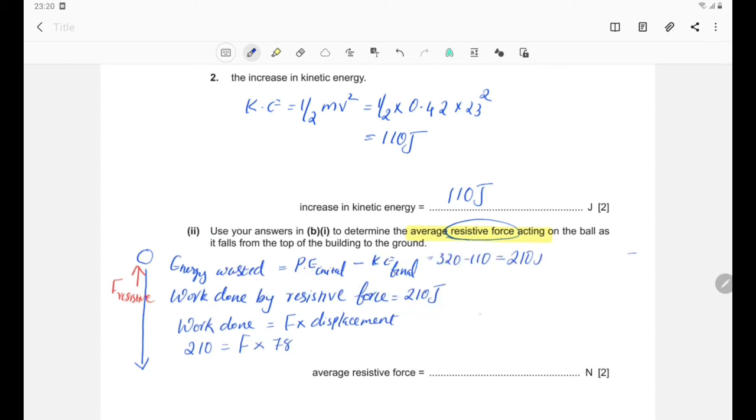Now in order to find the force, you can just rearrange the equation. So you will get force is equal to 210 over 78, and you will get an answer of 2.7 Newton. So the average resistive force is 2.7 Newton.